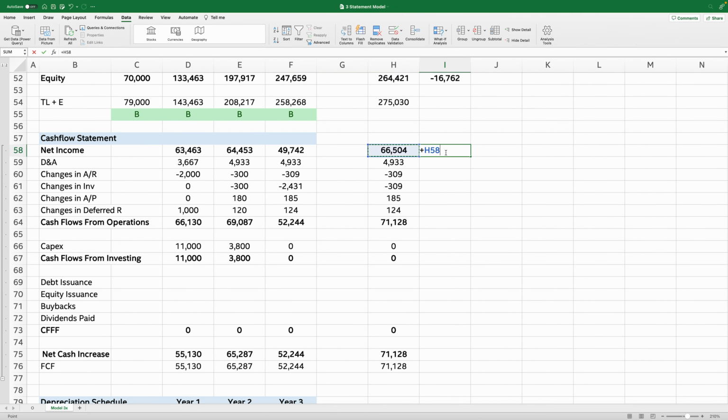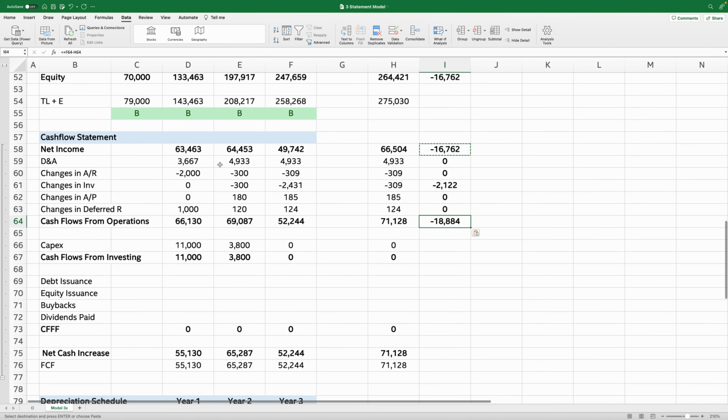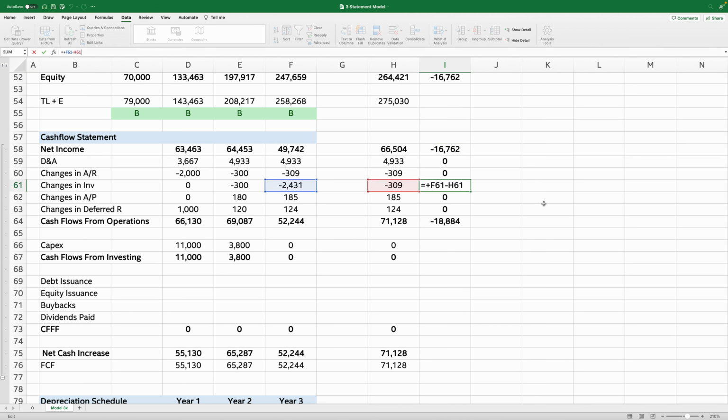Off rip, you notice net income is down by $16,762. That shouldn't be a surprise. Let me just drag this down. Cash flow from operations is different by $18,884 because there's a $2,122 difference in, guess what, inventories.